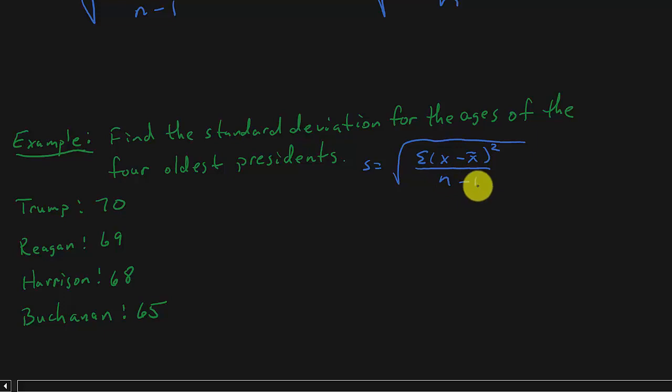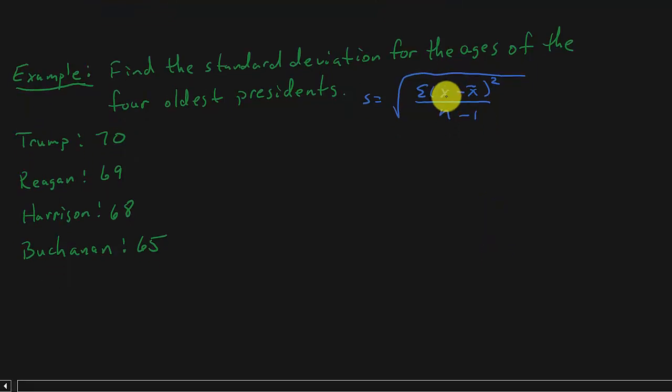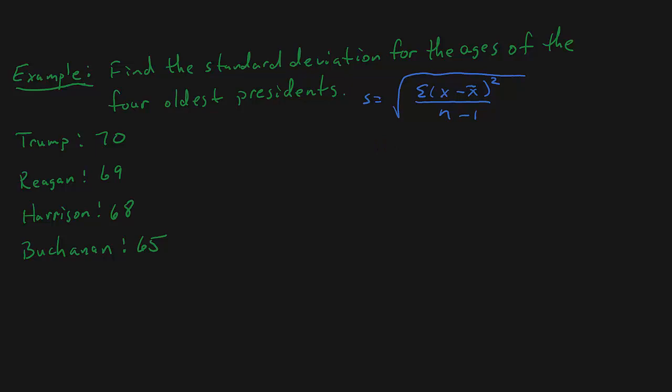So you can see what we have here. We have x minus x bar. Now what is x? x are the data values here. So we've got to subtract the mean from each data value. The first thing we need to do is find the mean.